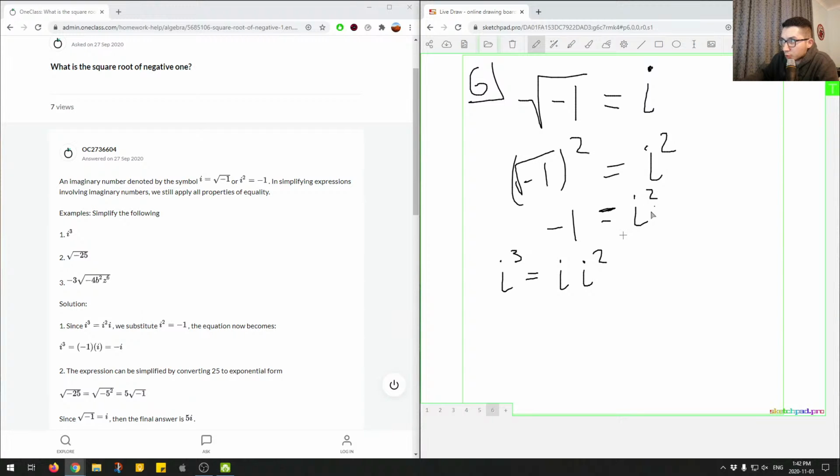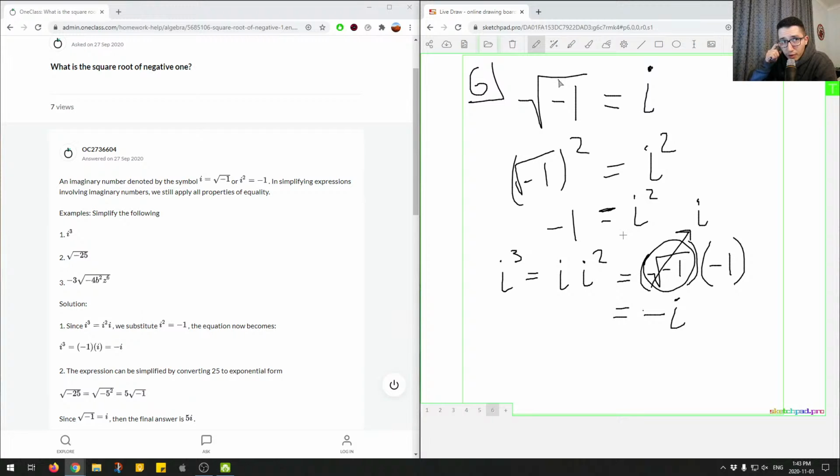We know i squared is negative 1, and i is the square root of negative 1, so we can just plug those in. This gives us negative square root of negative 1, which we could just keep as i, and we end up with negative i.